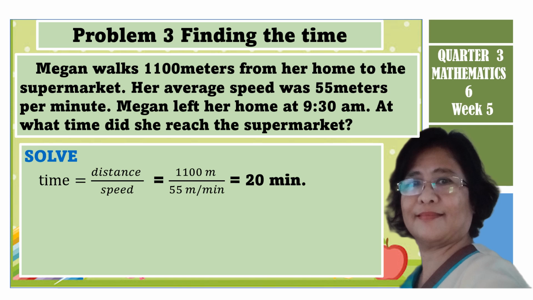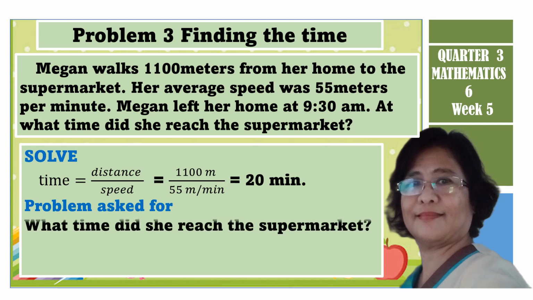The answer is equal to 20 minutes. To reach the supermarket, Megan has to walk 20 minutes. If she started walking at 9:30 plus 20 minutes walking time, she would reach the supermarket at exactly 9:50 a.m.